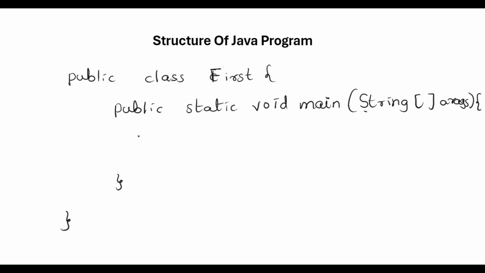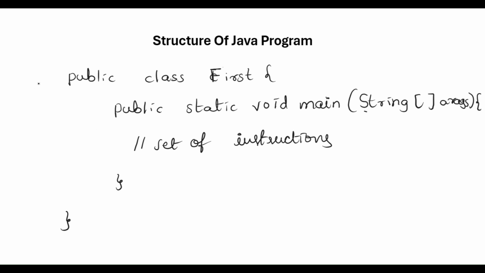Here we have to write a set of instructions. This is the basic structure of a Java program. First we have to write the class, then we have to write the main method.